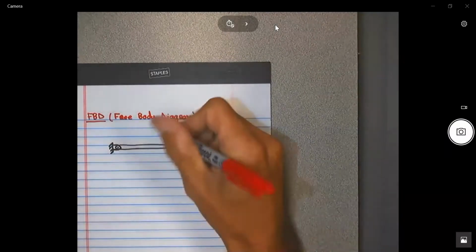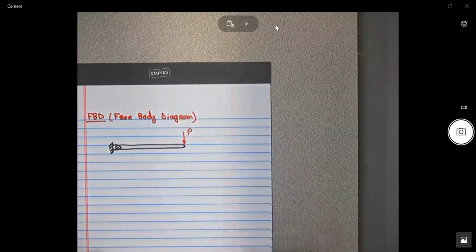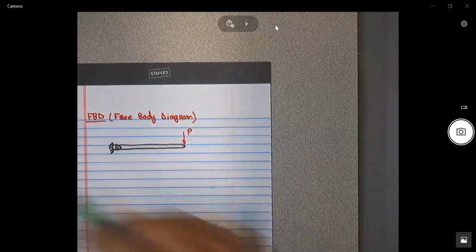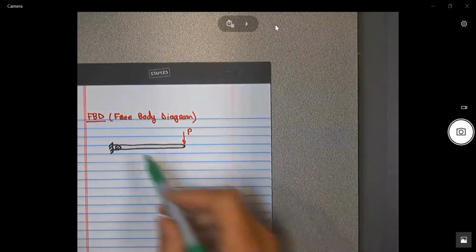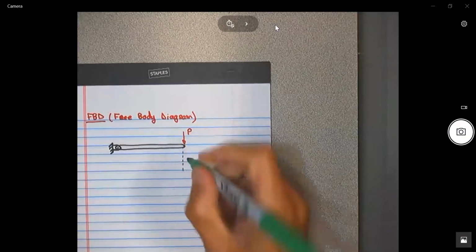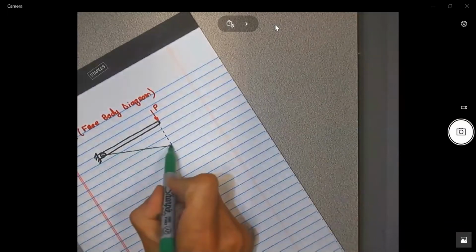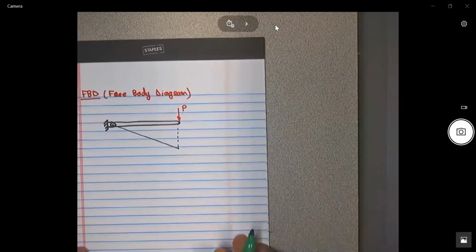We know we have a force P over here. We're gonna assume a deformation, no? We can do it up or down, but in this case, I think it's easier to do it down, no? Assume deformation.